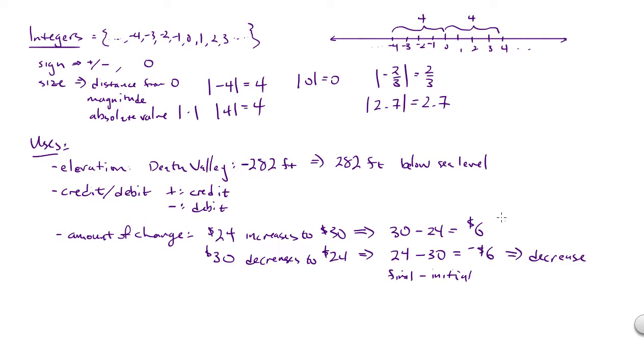We don't have to remember it's a decrease. We can just look at the sign. It's like, oh, that's a drop in price because it's negative. If it's positive, encoded in it is an increase. Whenever we're looking to calculate the amount of change, that's final minus initial.